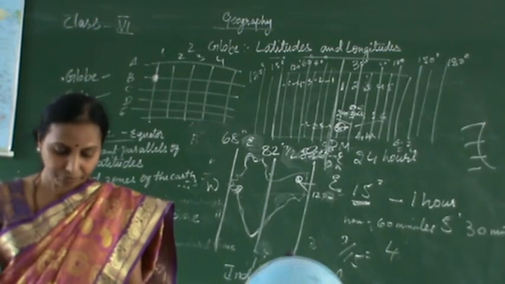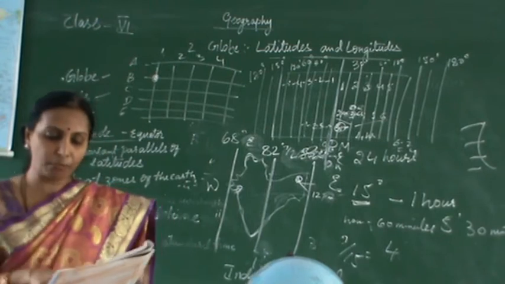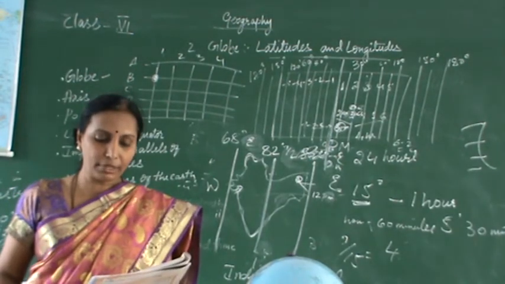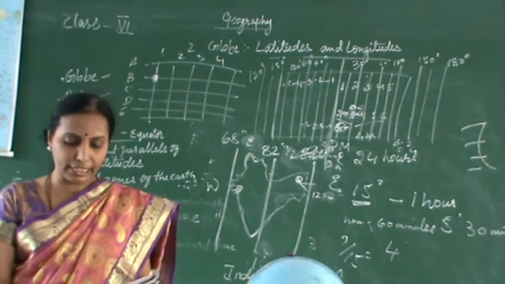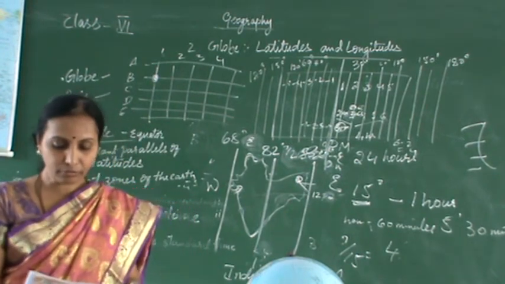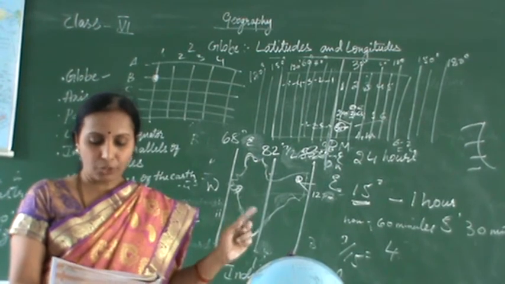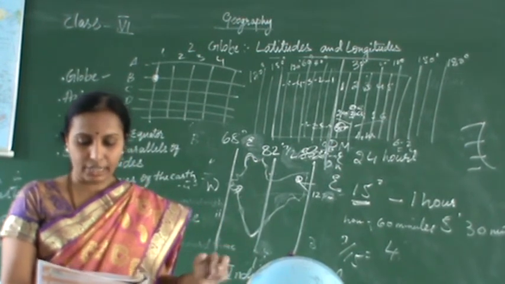The local times of places which are on different meridians are bound to differ. For example, it will be difficult to prepare a timetable for trains which cross several longitudes. So in India, the longitude of 82 and a half degrees east is treated as the standard meridian.